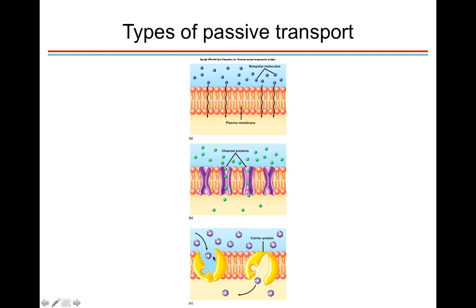And then in the bottom, we see carrier proteins, which are bigger, and they really need a protein to facilitate their entry, where they can enter the carrier protein, and then the carrier protein actually needs to change its conformation so the molecule can get across the plasma membrane. And again, this is passive, and really simple. The diffusion kinetics of moving from a higher concentration to a lower concentration are catalyzing this process.